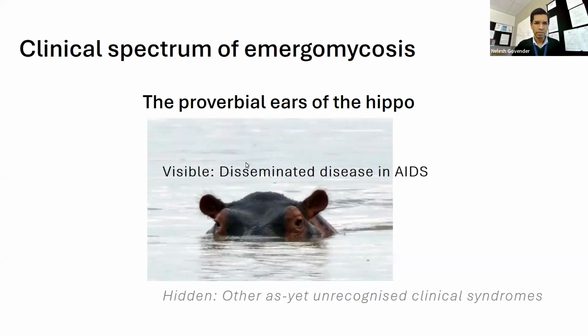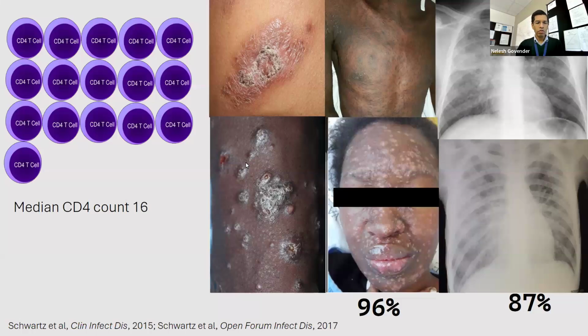So in terms of the clinical manifestations of emergomycosis, in the various case series that we've looked at or published on, the median CD4 count was usually around 16. Cutaneous lesions were by far the most common clinical feature, present in about 96% of patients.